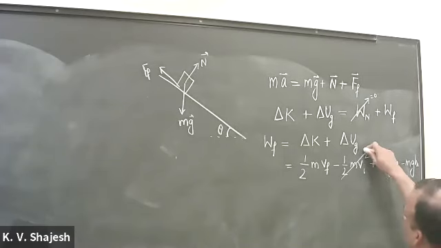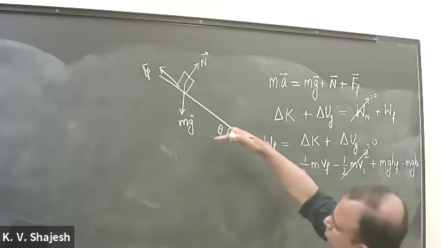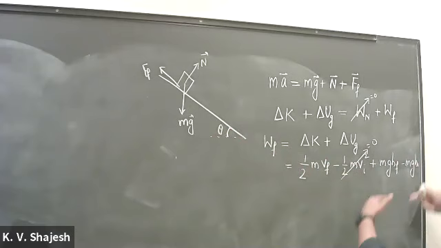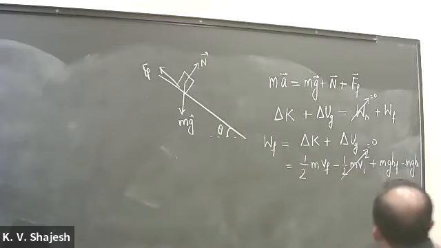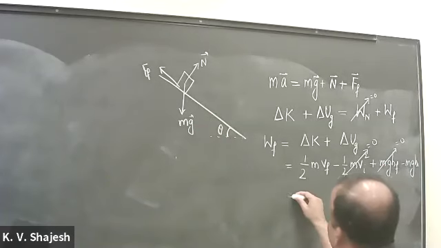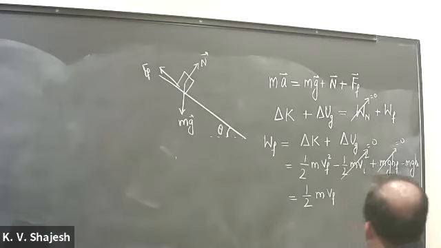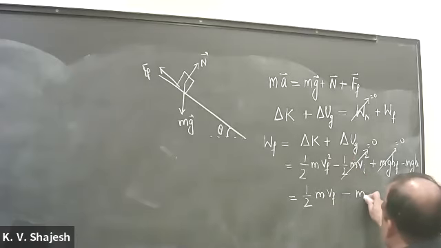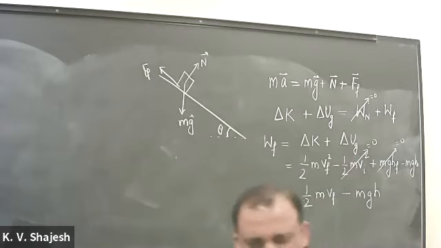The initial velocity is 0, so that term is 0. The final height can be chosen to be 0, since it is the relative height that matters. So you have half m v final squared minus mg h. Does that help? Yes, thank you.